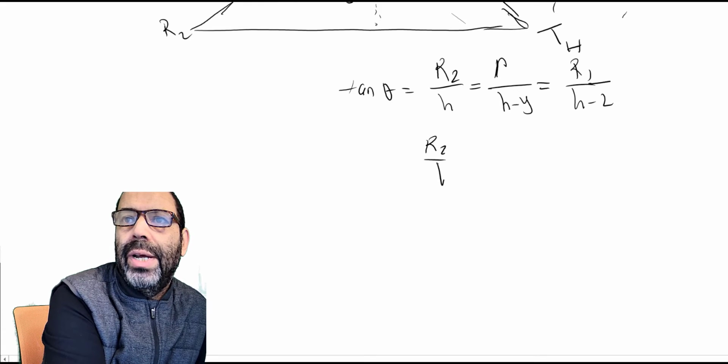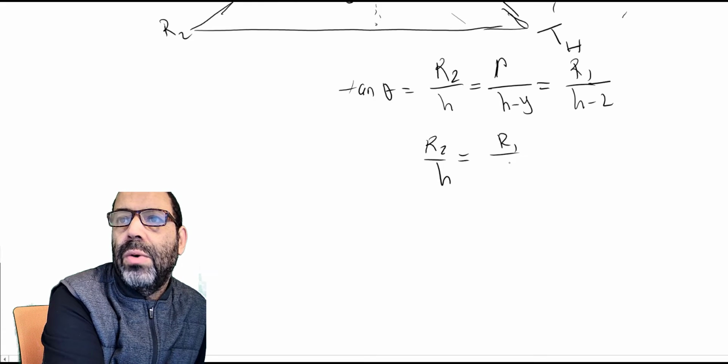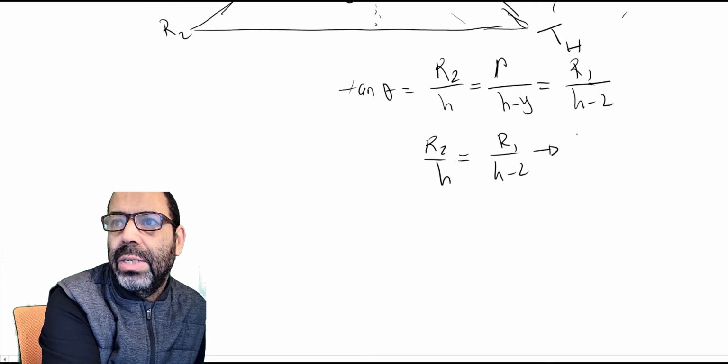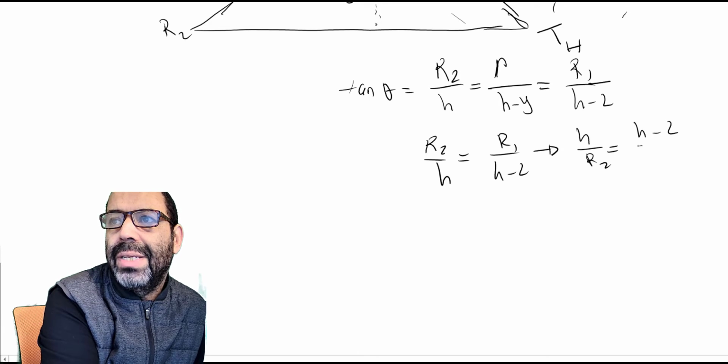So r2 over h is equal to r1 over h minus L, and if I flip the equation, basically it's going to be h over r2 is equal to h minus L over r1, okay? And if we're careful with the algebra, we move r1 to the other side and move h to this side.